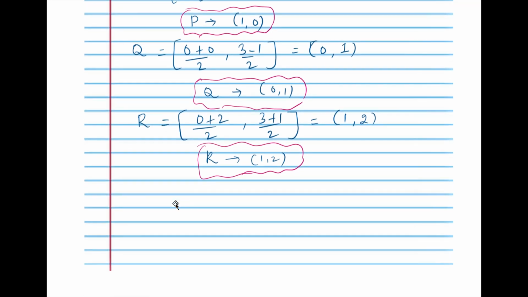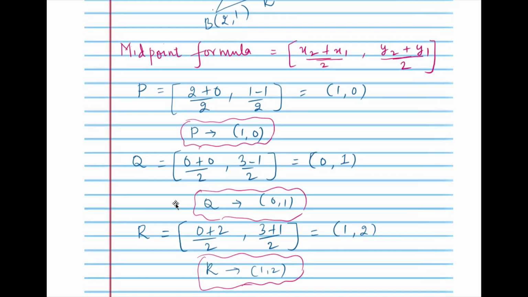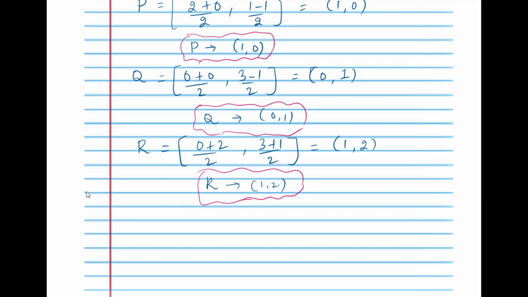Now students, we shall find the area of triangle PQR. P is (1, 0), Q is (0, 1) and R is (1, 2). Take them as x1 y1, x2 y2, x3 y3. Now what is the area of a triangle?